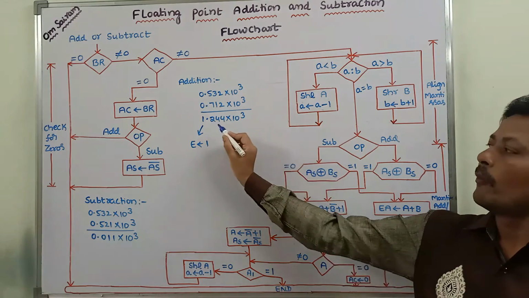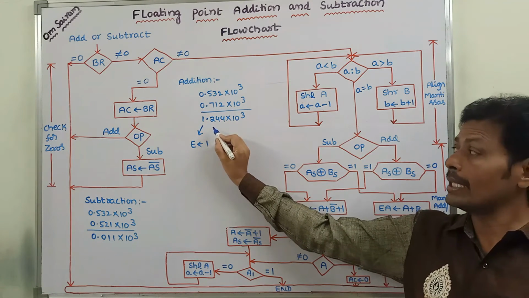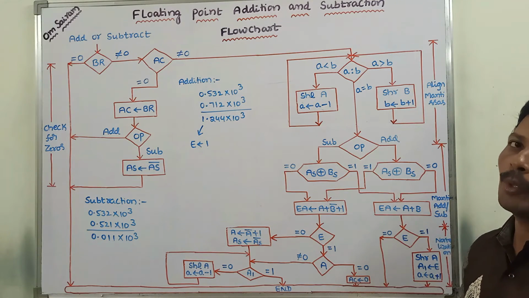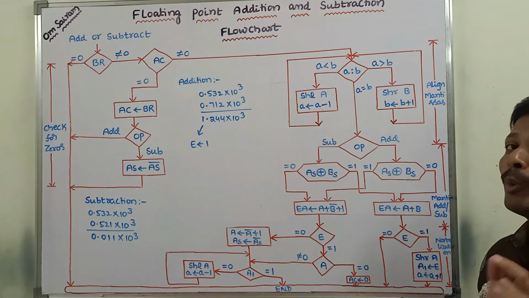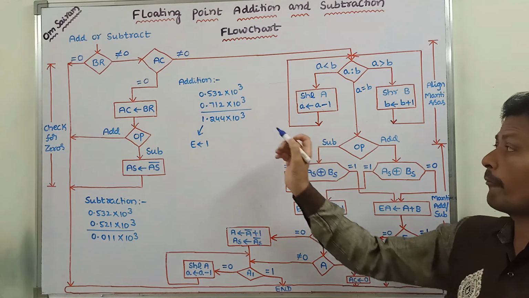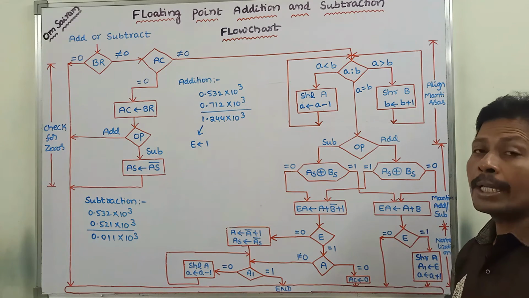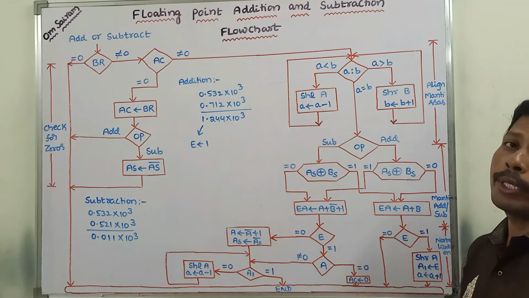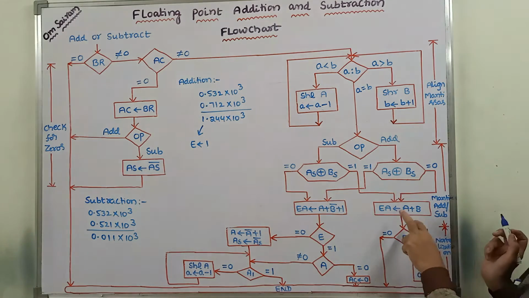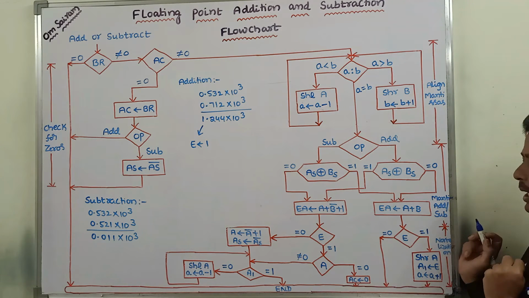Whenever a carry is generated, this condition is called an overflow condition. We can say that overflow condition has occurred after performing the addition operation between the mantissas of two floating point numbers. If any carry is generated, that can be transferred to E.